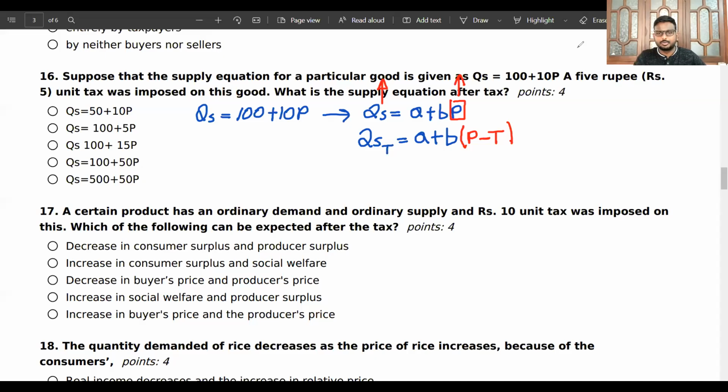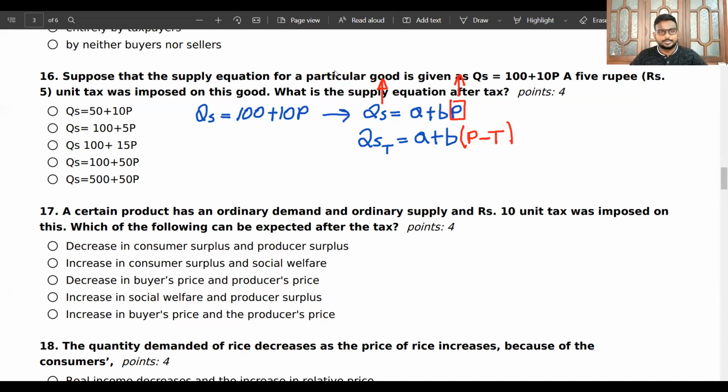Right? So like I was saying, you have the supply equation, which says that when the price goes up, supply goes up. When the price comes down, supply comes down. The logic behind that is, simply put, when the price goes up, what the producer is getting is going up. When that happens, supply goes up. When what the producer earns goes down, the supply comes down.